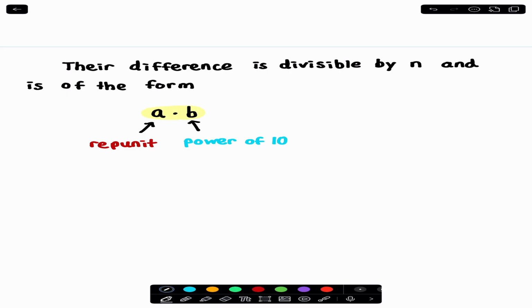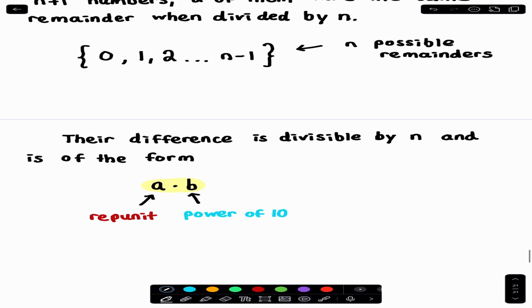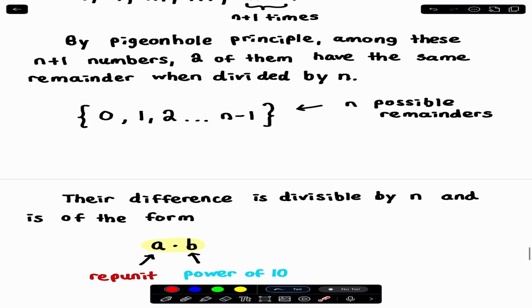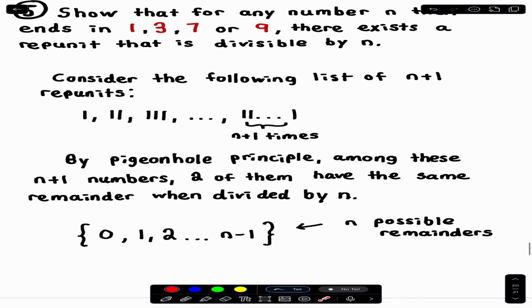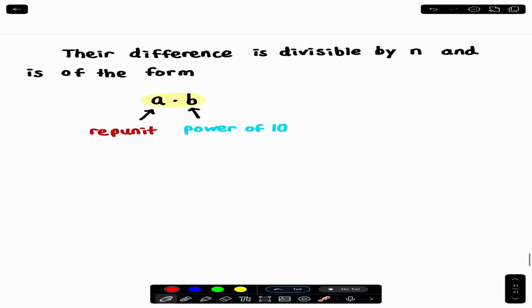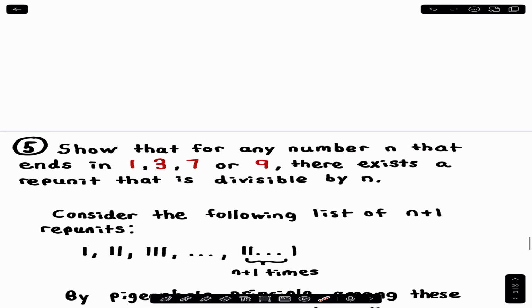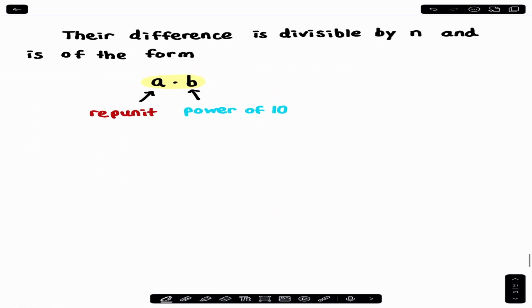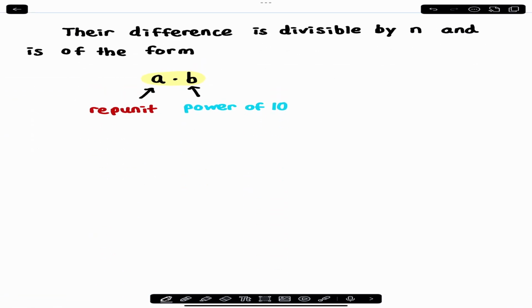And it is important to write it like this because now we can deduce something very important about these numbers in relation to n. Remember, n is defined as any number that ends in one of these 4 digits, 1, 3, 7, or 9. The important thing about these numbers is that they are relatively prime to 10.